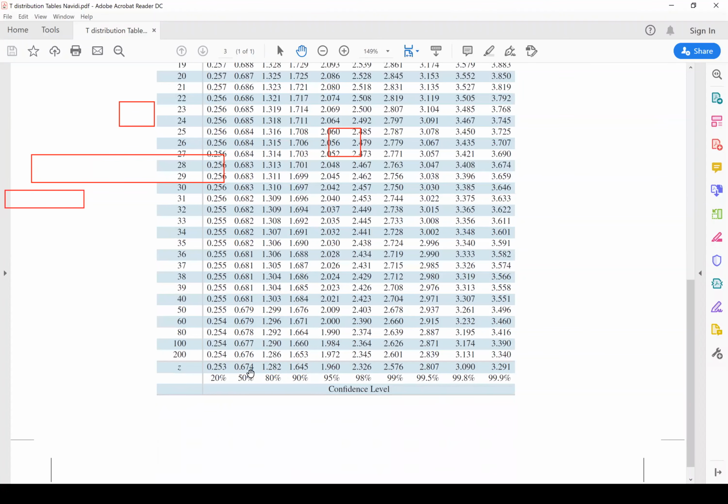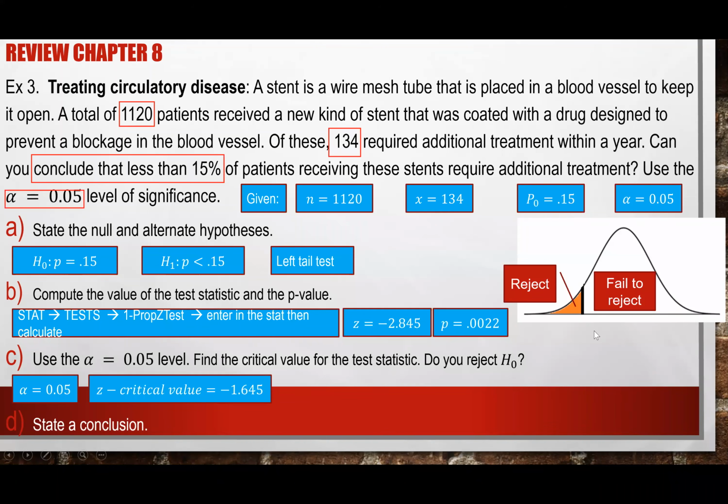The fourth column I have is 1.645, which, if you remember, is your common critical value from earlier. Because it's the left tail, my critical value is going to be negative. If it's a right tail, it's going to be positive. If it's a left tail, it's negative 1.645. My negative 2.8 is somewhere to the left of this, which is under the reject region.